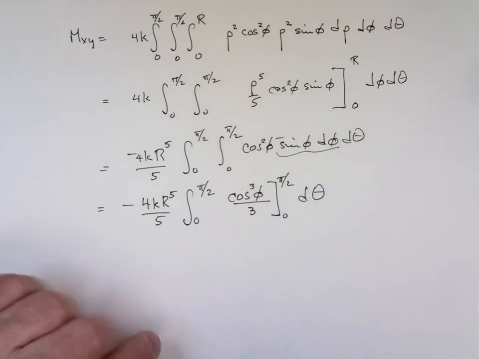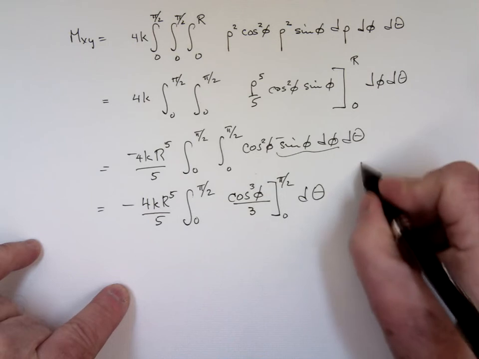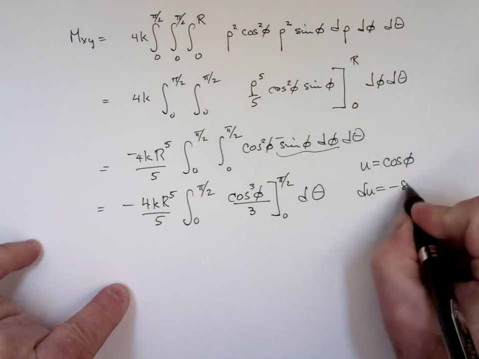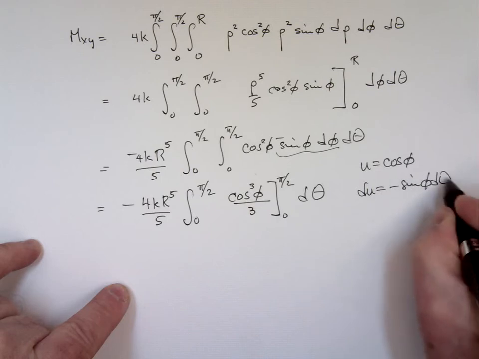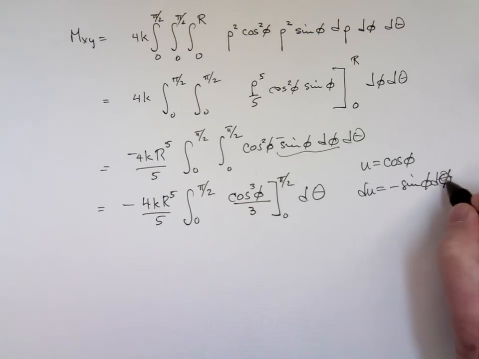You let u equal cosine, and the du is a negative sine, so you need to multiply by that. My muscle memory is such that whenever I do this, it automatically makes a theta there. But anyhow, that's a phi.